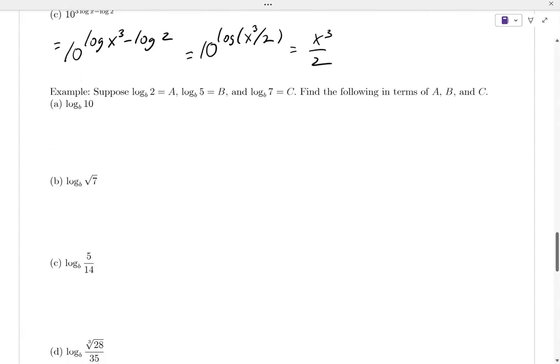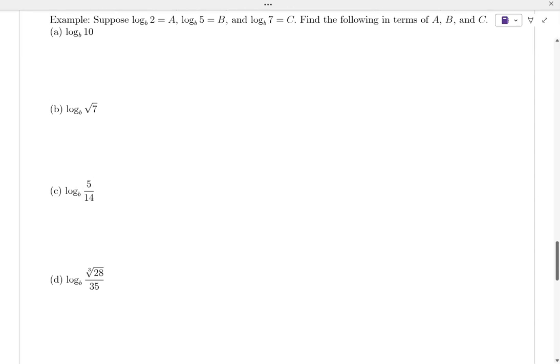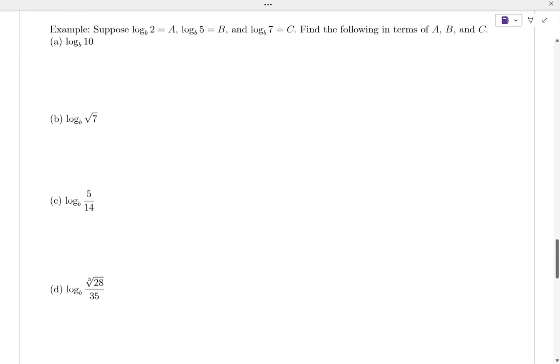All right. So this one looks a little strange, but it's just another example of a problem that's trying to get you to practice with the properties. Every single part of this, you should be able to write in terms of log base b of 2, log base b of 5, and log base b of 7.